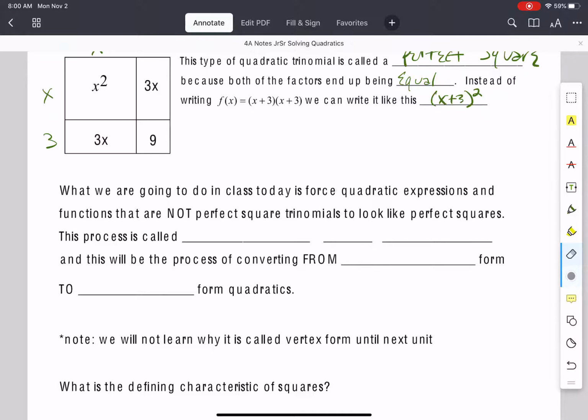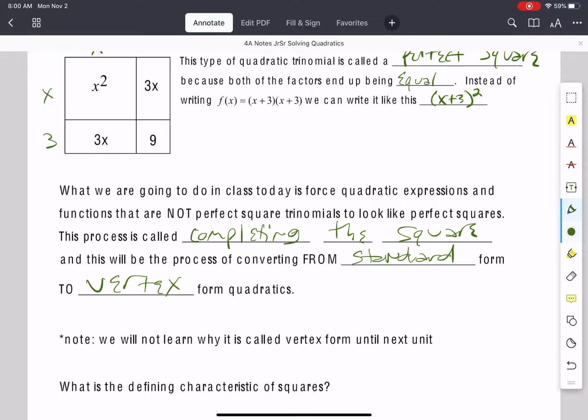This process is called completing the square, and will be how we convert from standard to vertex. We will not learn why this is called vertex form until next unit.